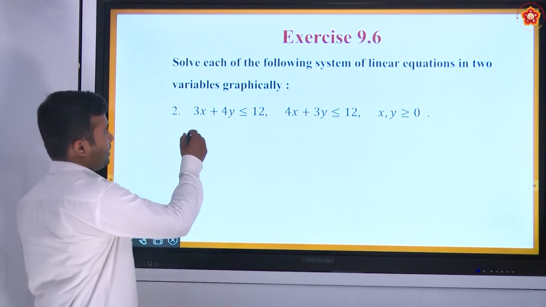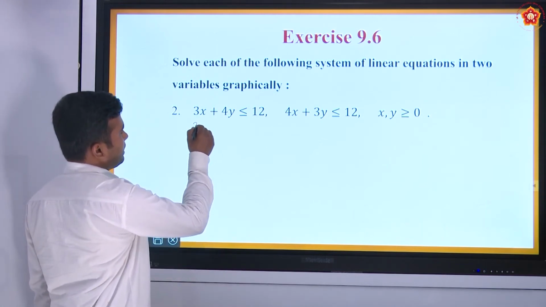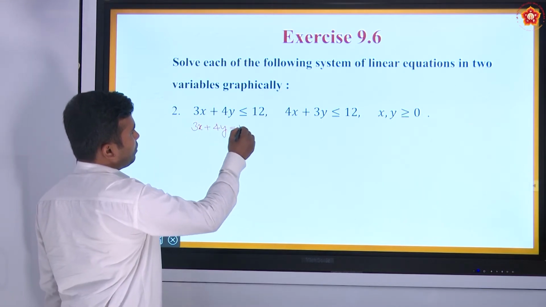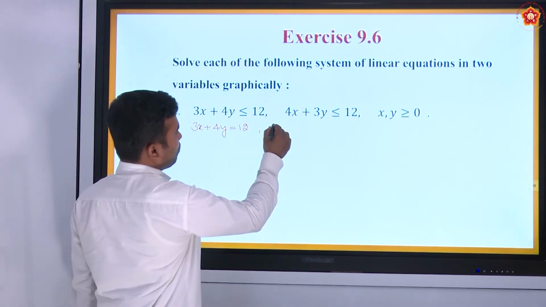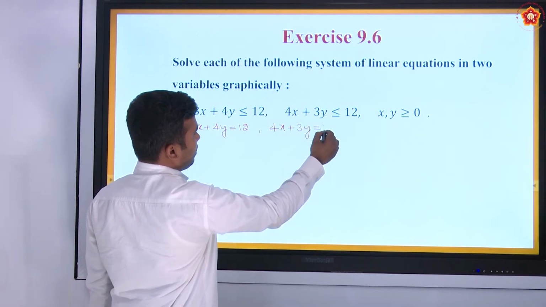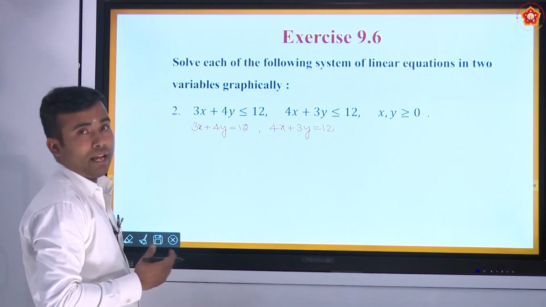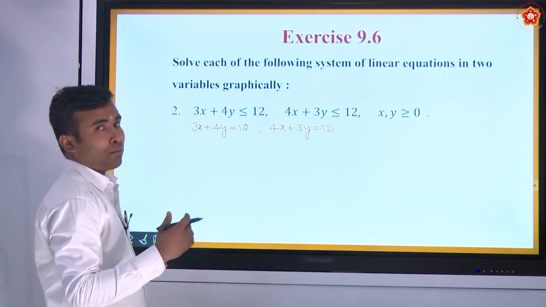Let us write these inequalities as equations: 3x plus 4y is equal to 12, and another one is 4x plus 3y is equal to 12. Now let us draw these two lines in the xy plane.